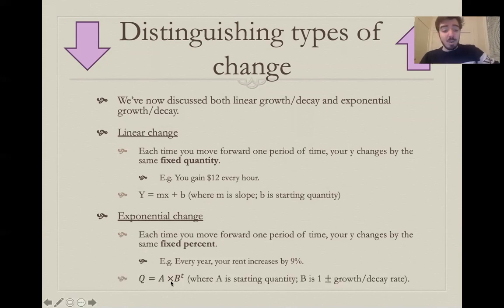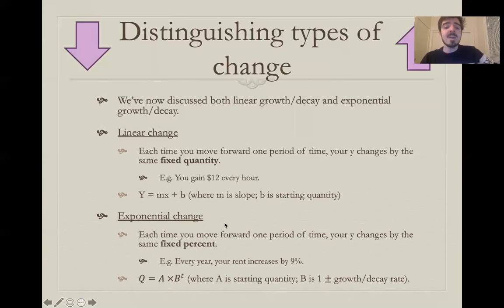Remember, our starting quantity is a in the equation for exponential change, a being what we will begin with. B is going to be 1 plus or minus our growth rate or decay rate. So if your rent is increasing by 9% each year, then this is going to be 1.09, and then raised to the t, basically how many time periods you are going forward.